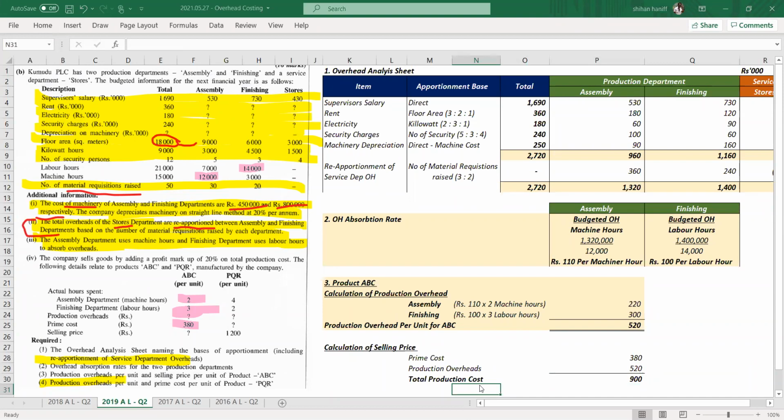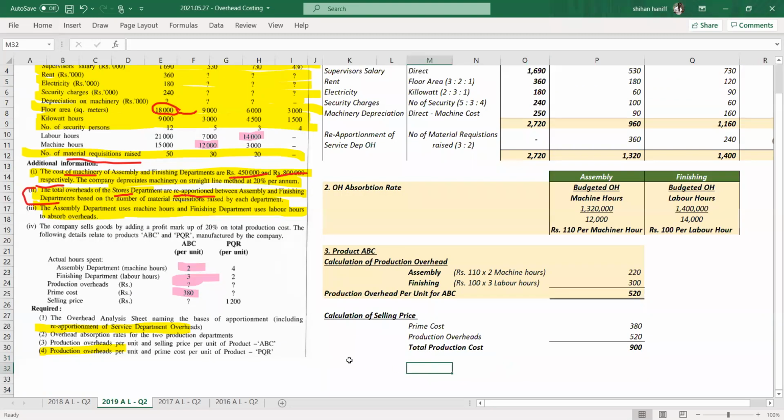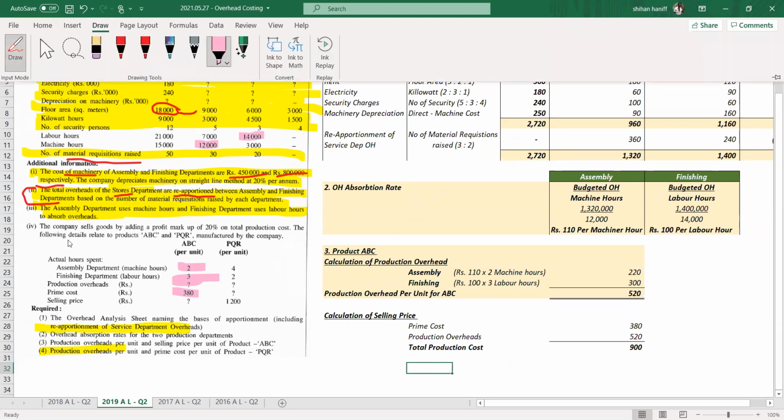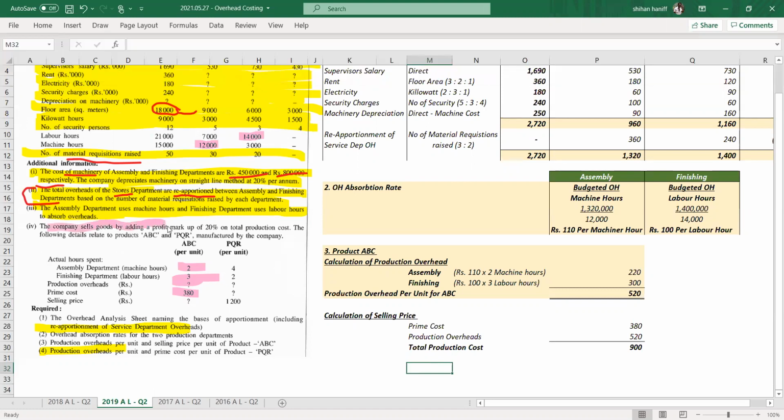How do we calculate the selling price? We have to add the profit. Profit margin is given, it's the markup. The company sells goods by adding a profit markup of 20% on the total production cost. On the total production cost, they add 20%.